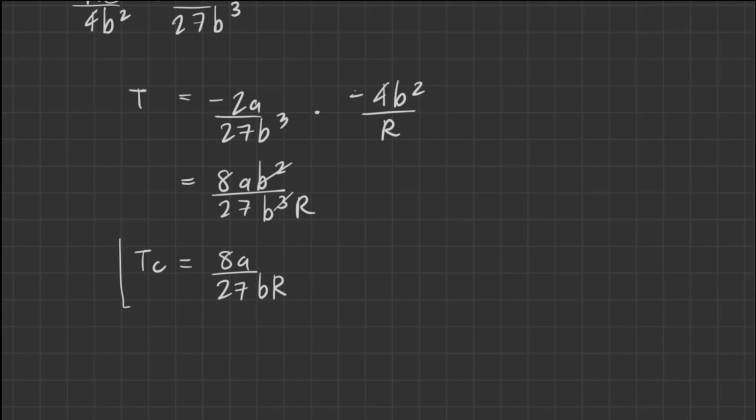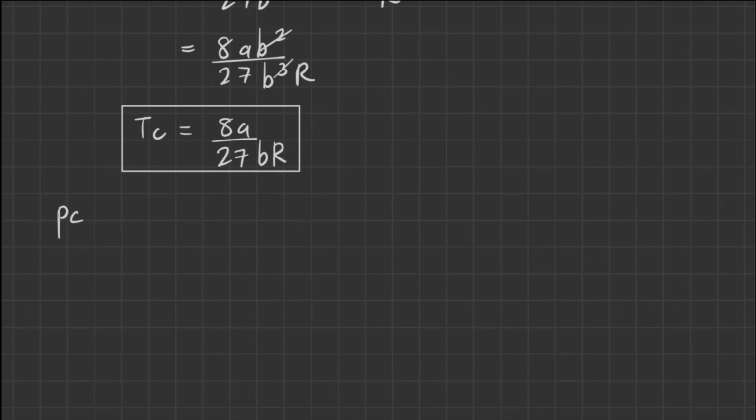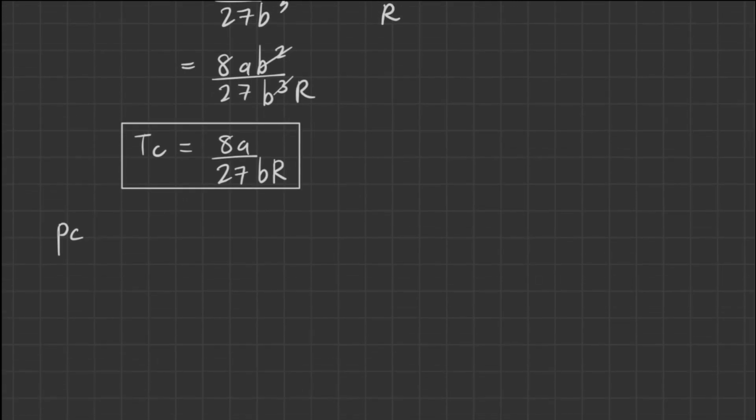So the only thing left to derive is the critical pressure. In order to do that, all we need to do is plug in Tc and Vmc into our original van der Waals equation. So let me just rewrite it. P equals RT over Vm minus b, minus a over Vm squared.